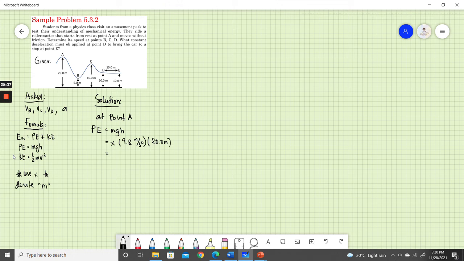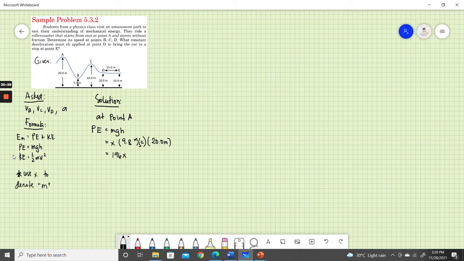And we know that the potential energy of the roller coaster at point A is equal to 9.8 times 20, that's 196, multiplied by x.